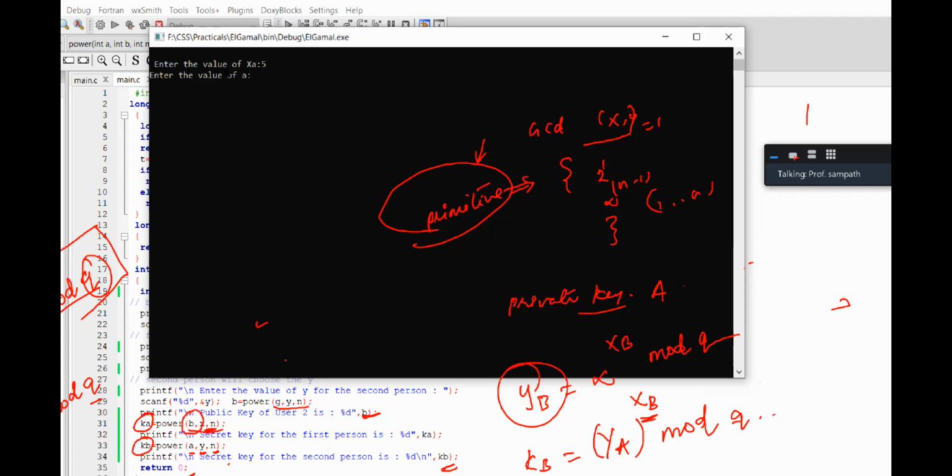Enter the value of A. A is the primitive root, G, whatever notation we use, and 2.